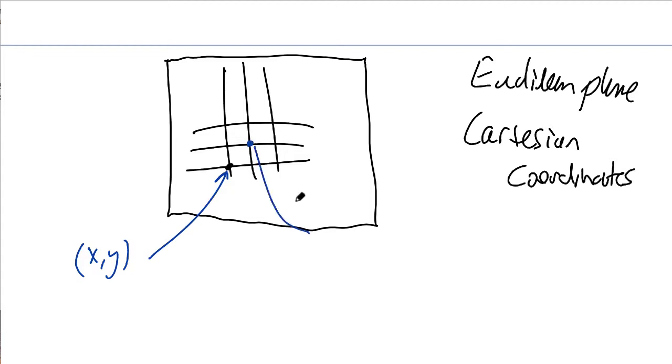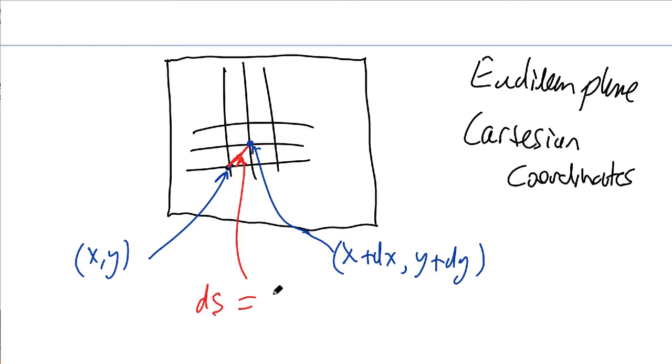Here's a neighboring point, x plus dx, y plus dy. Okay, and the distance between these two points, let's call that ds. So this is the distance between neighboring points.